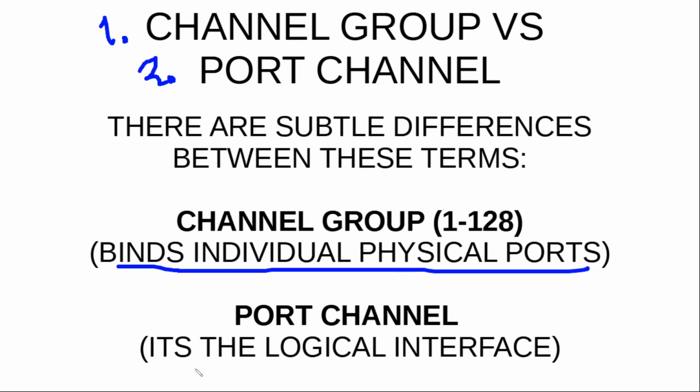The port channel is the logical interface. So these are two parts of the configuration that actually build EtherChannels: your channel groups, which is actually a command that goes into your interfaces, and the port channel, that is the virtual interface that is being created for you.